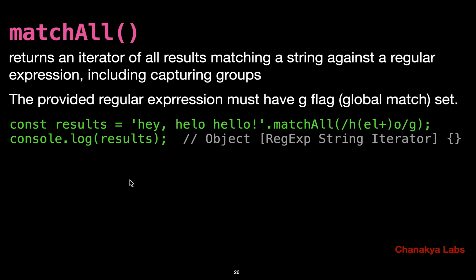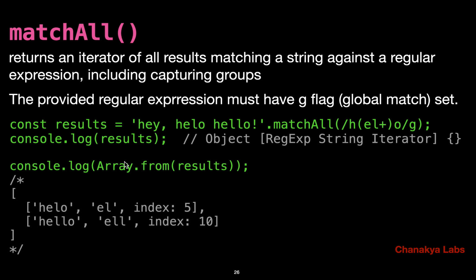There are two ways: either you can iterate over it, or you can convert this iterator into an array. If we use Array.from and pass the iterator, it is going to convert it into an array. And let's see, this is the array. It is basically an array of arrays. Why? Because there might be multiple matches. Even if there is one match, it will still be an array of arrays.